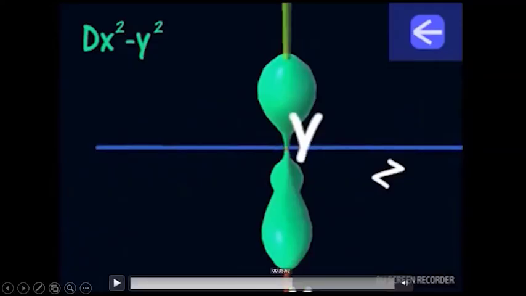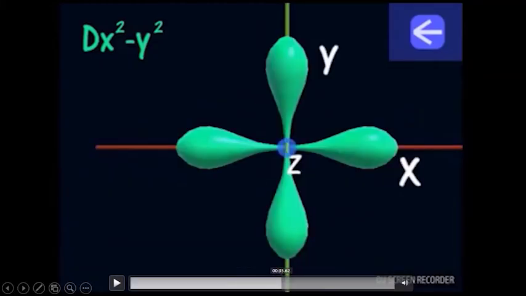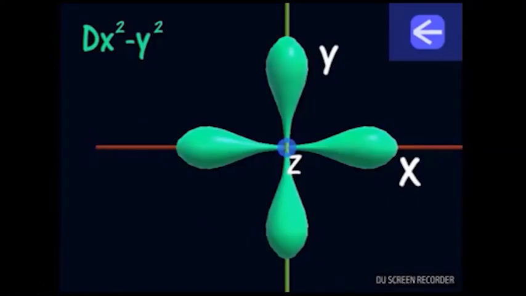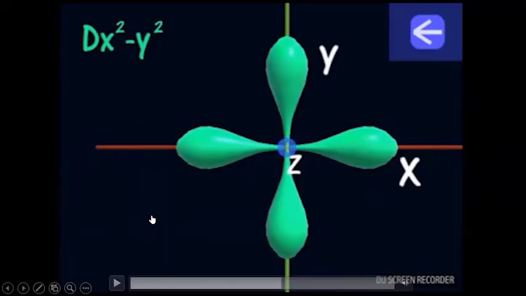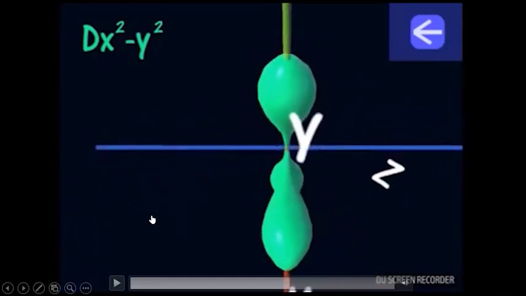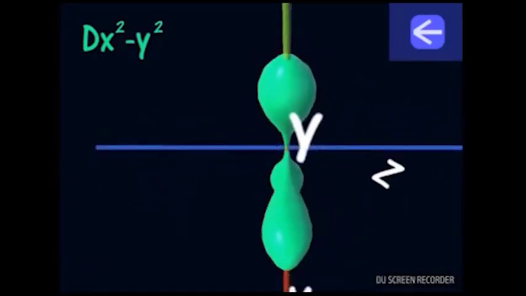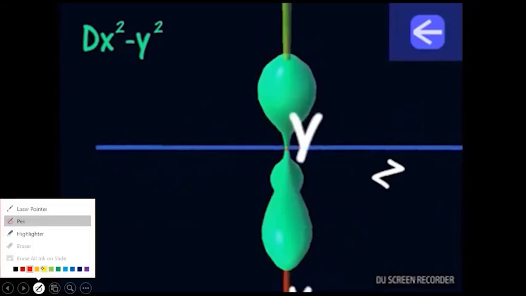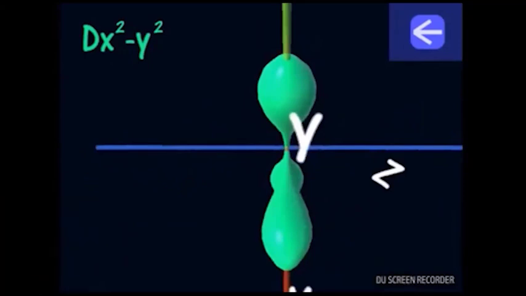I'm just going back. It is in the xy plane, and also along the axis. And if you see the plane itself, this plane doesn't have any width, it is of zero width.